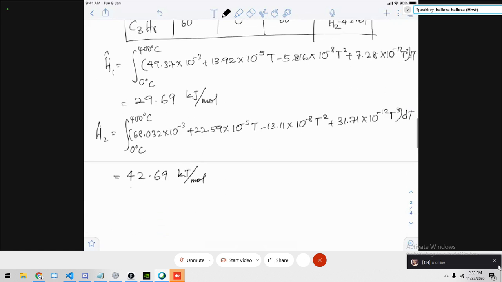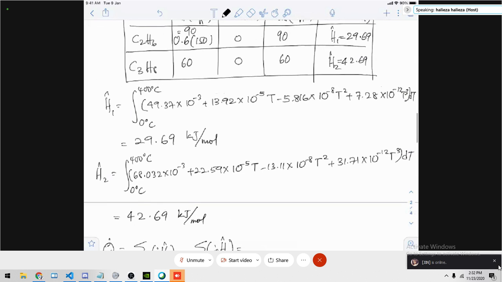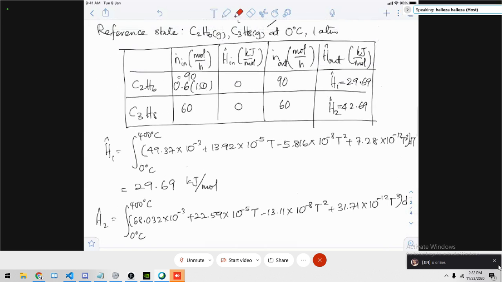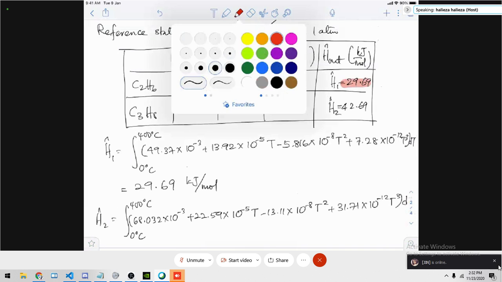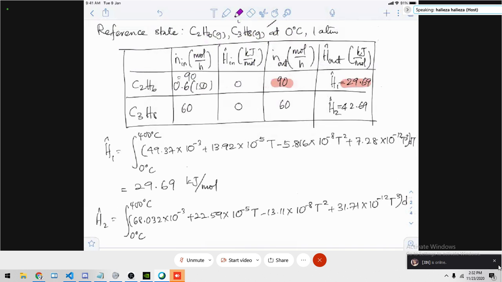So Q is equal to the summation of the outlet molar flow rate and its corresponding enthalpies, minus the inlet molar flow rate times the corresponding enthalpies. So the outlet is this times its enthalpy, and then that value times its corresponding enthalpy.